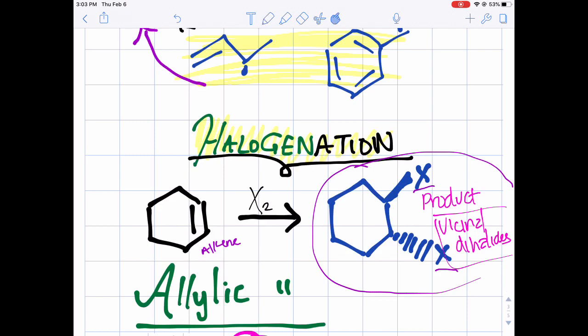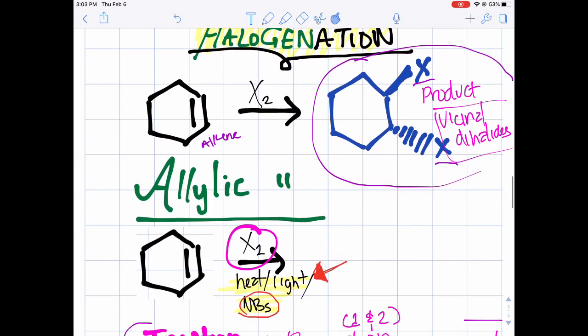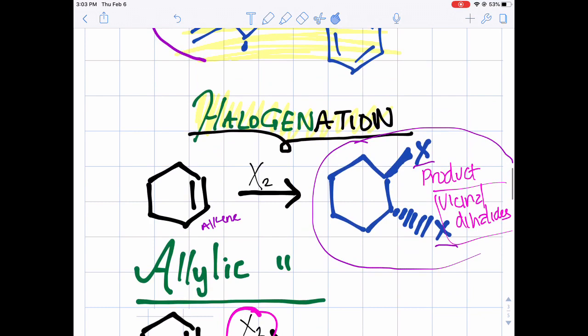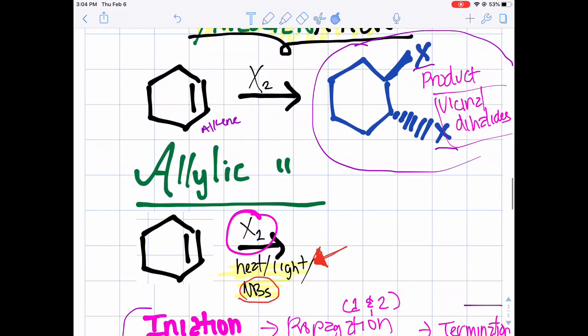So now in this chapter we'll talk about something called allylic halogenation. The difference is that you see in this example all we have is the dihalide, right? But for allylic halogenation, you're going to need a radical initiator, right?